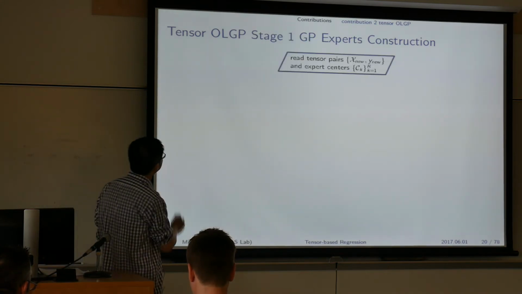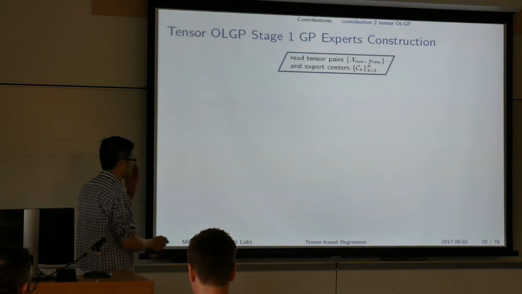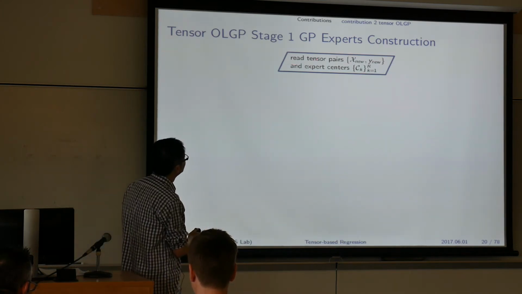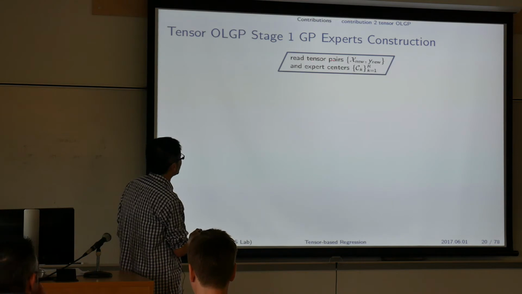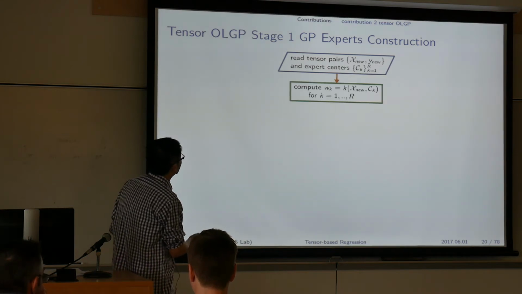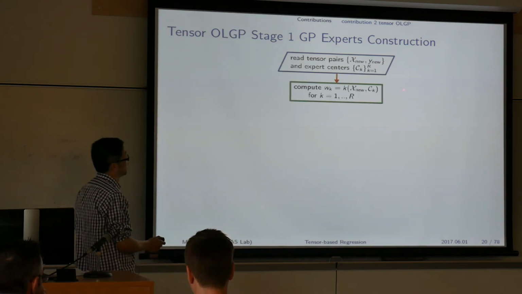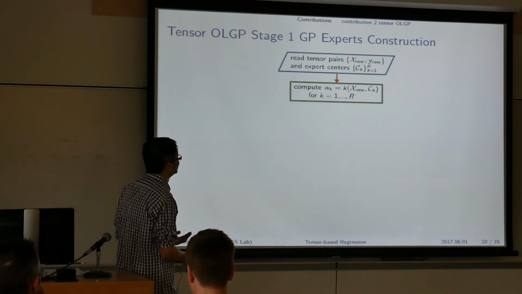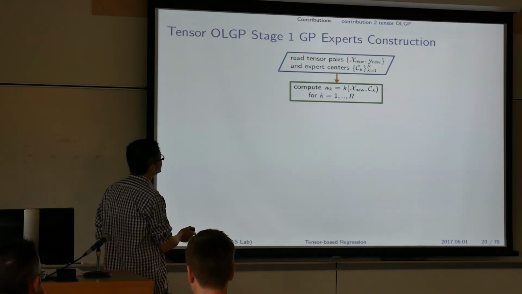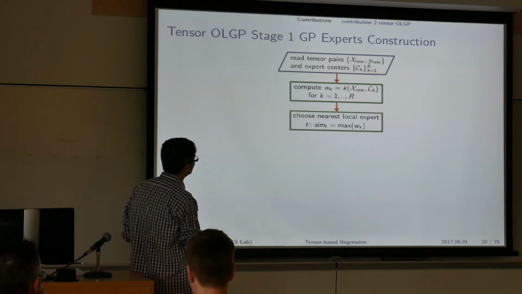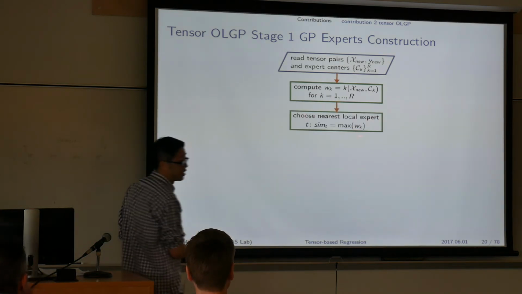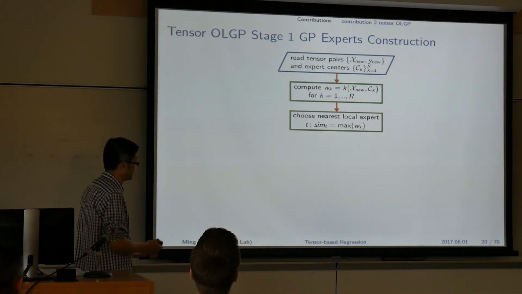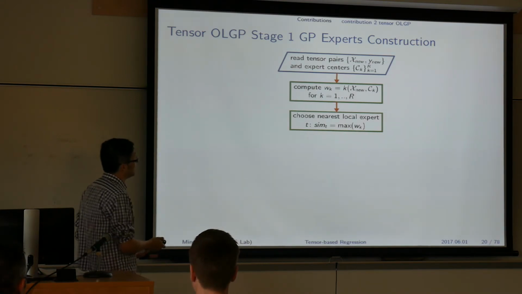And here is the algorithm. When we have a new tensor pair, x_new, y_new, we compute the similarity between x_new and the center of each local expert using a probabilistic kernel, and then we choose the nearest local expert whose center has the largest similarity with x_new.